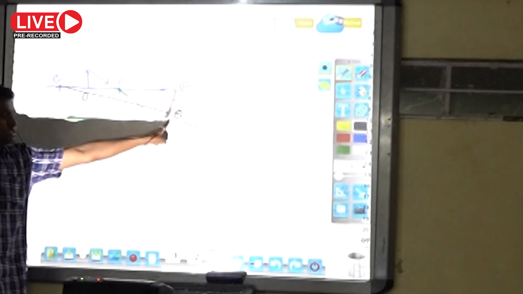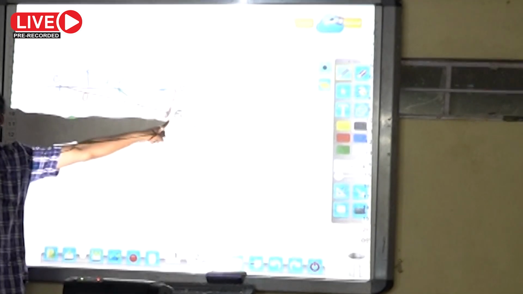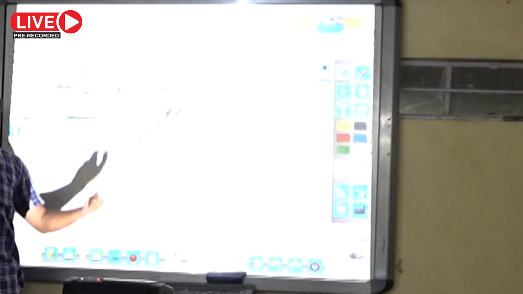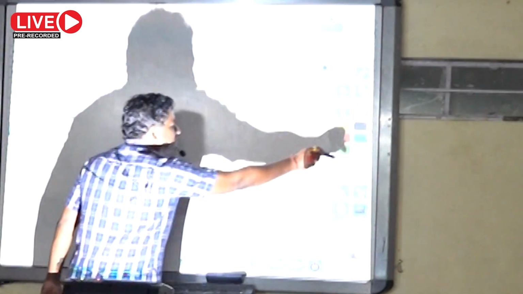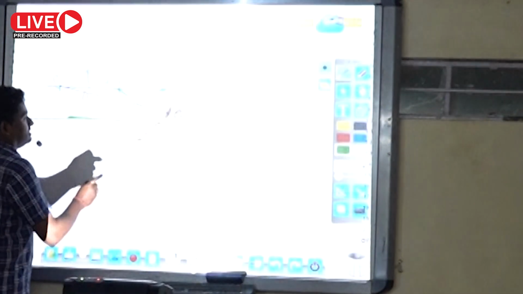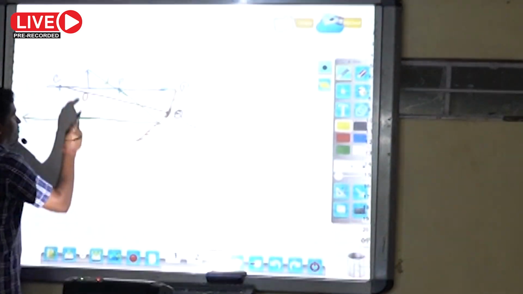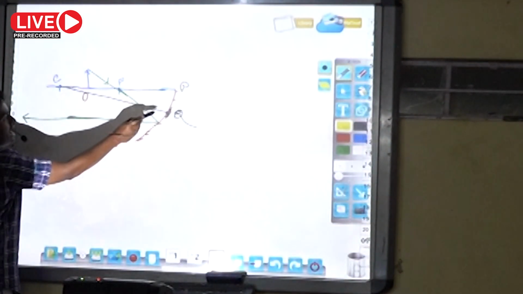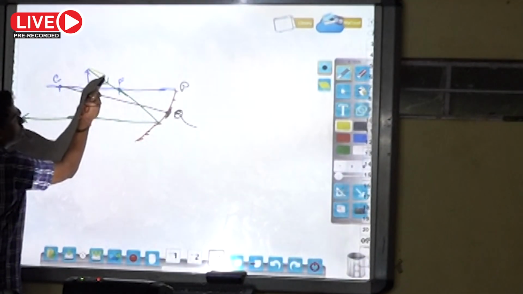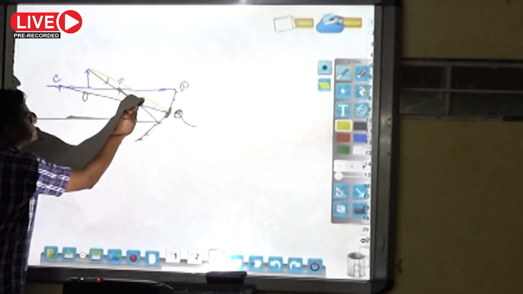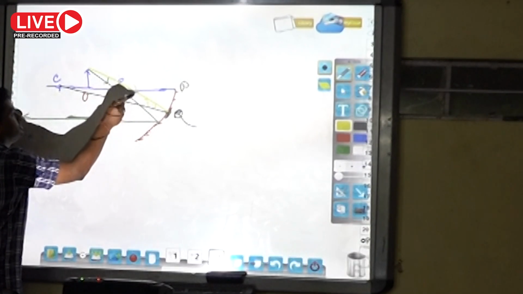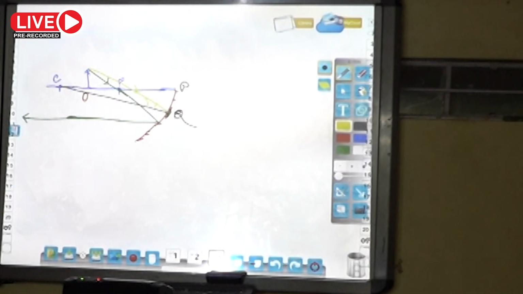So near the point Q we can consider it just like a plane mirror, where this radius will behave like normal. Then consider one light ray coming from this point and falling at Q. Then this angle is the angle of incidence, right? Then the angle of reflection should be equal to the angle of incidence.